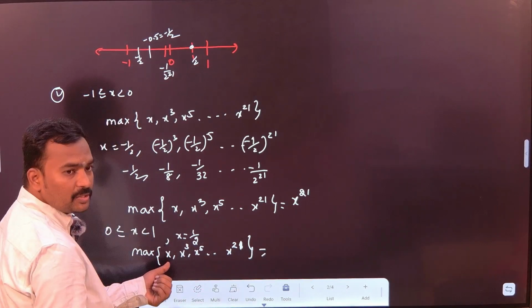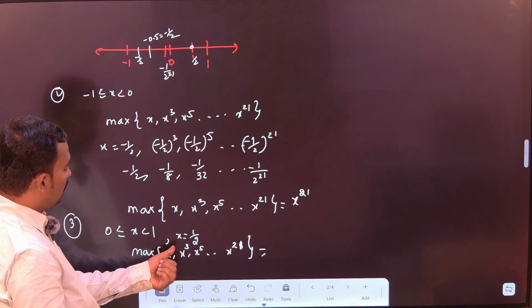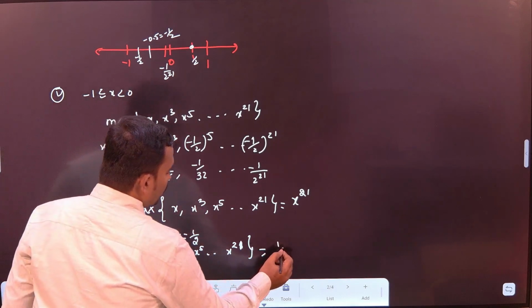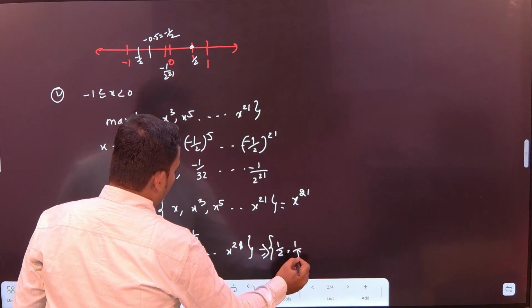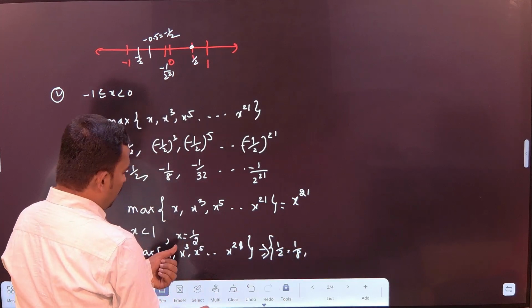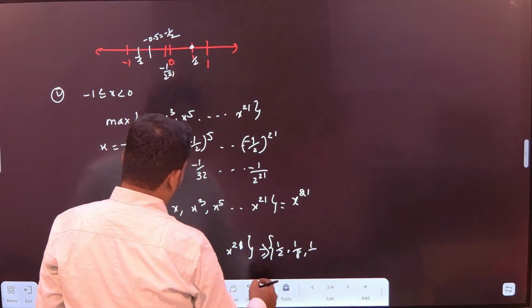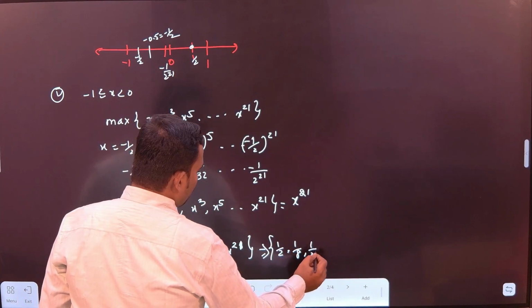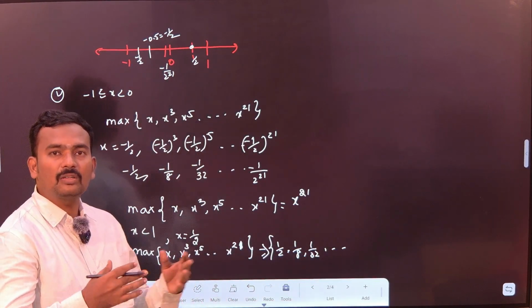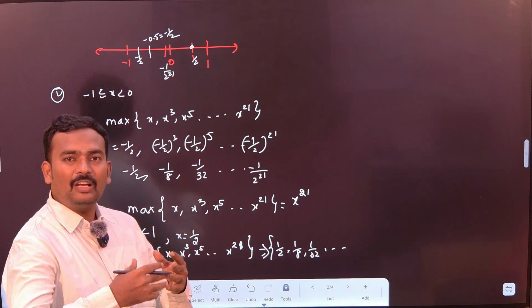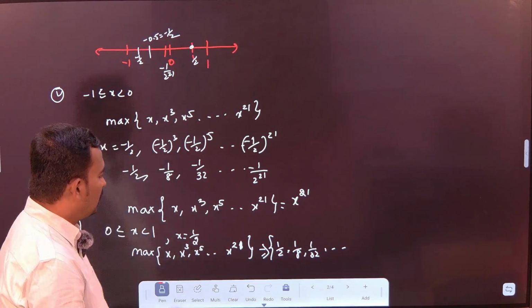Let us take 1 by 2, 1 by 8, since 2 cubed is 8, then 1 by 2 power 5, that is 1 by 32, and so on. When the denominator is larger and larger, the value will be very small, right?